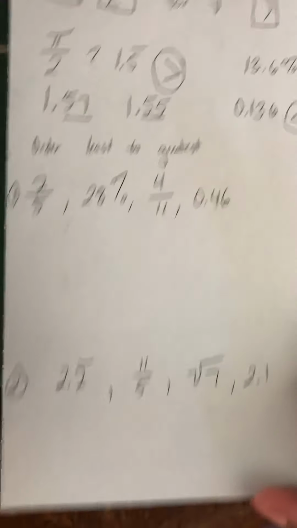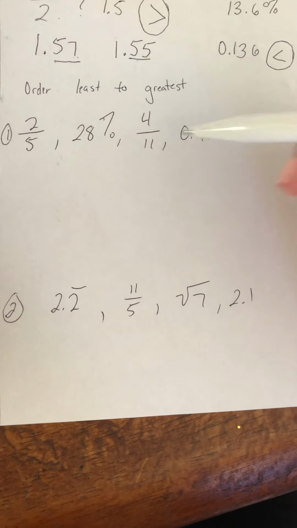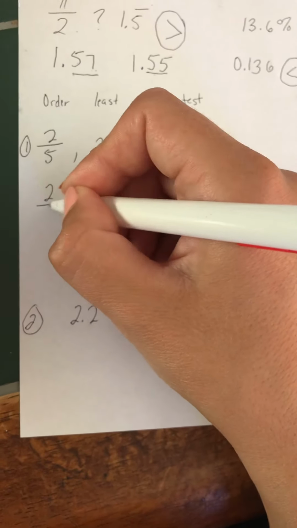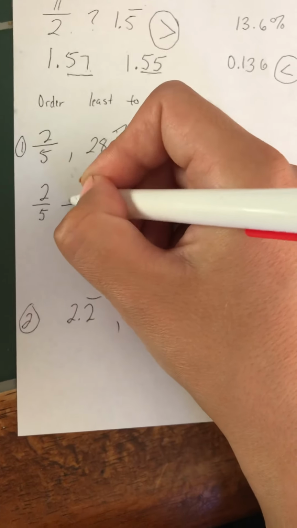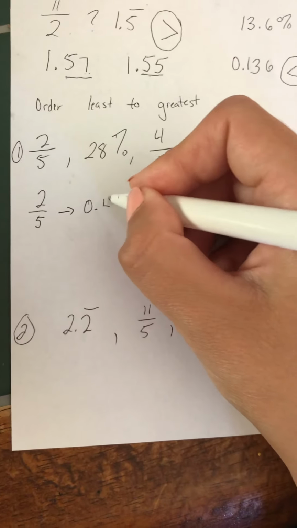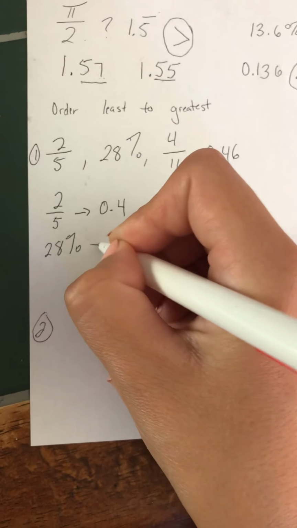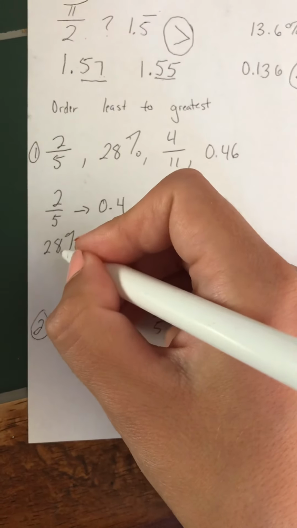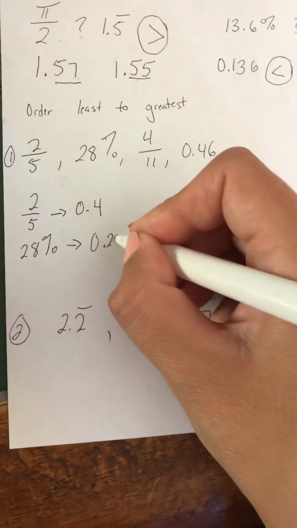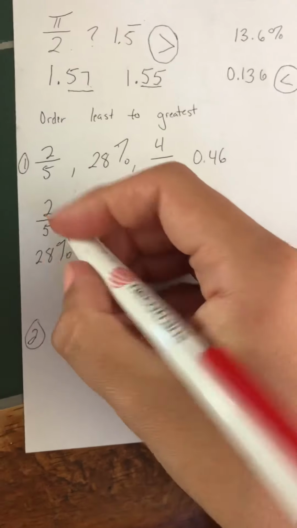Same thing with least to greatest. We have 2 over 5, 28%, 4 over 11, and 0.46. I'm going to take 2 over 5 and change that to a decimal, which is 0.4. 28% as a decimal: remember, we're moving it over 2 places, or you could use your calculator. So 2 places is 0.28. 4 over 11.